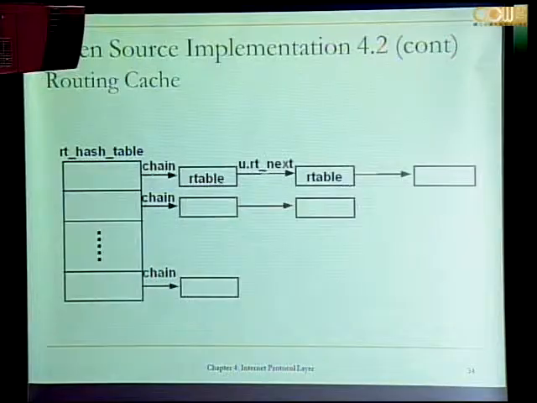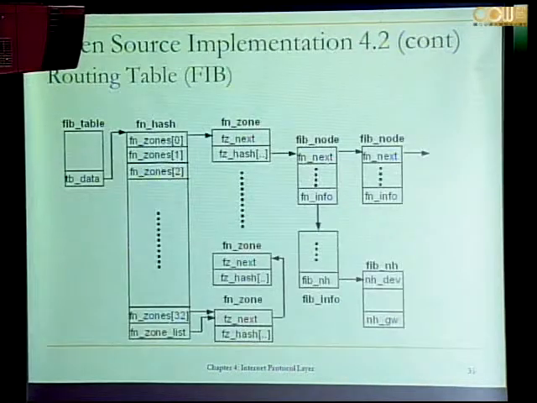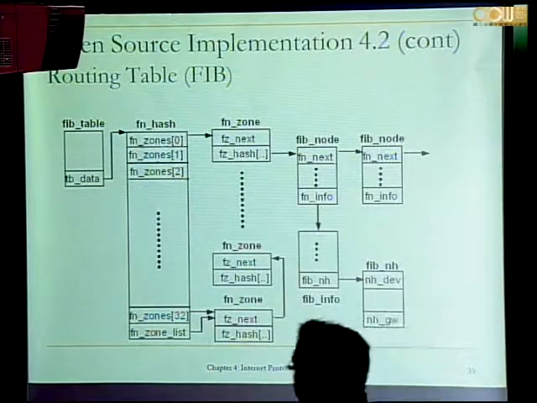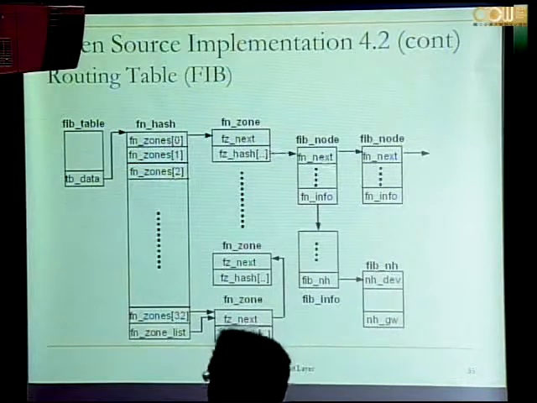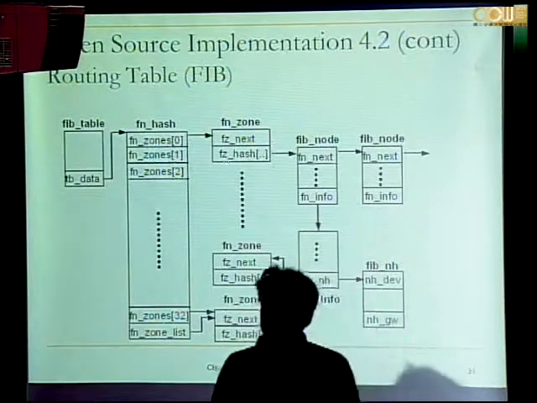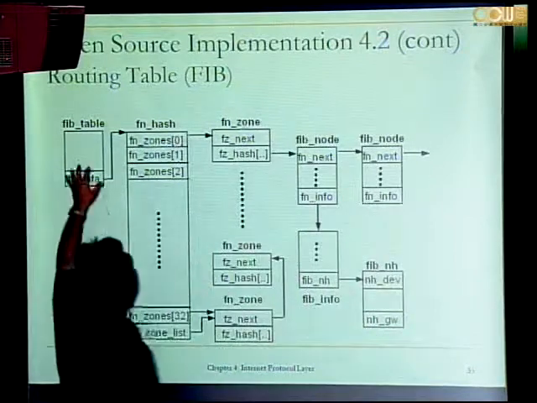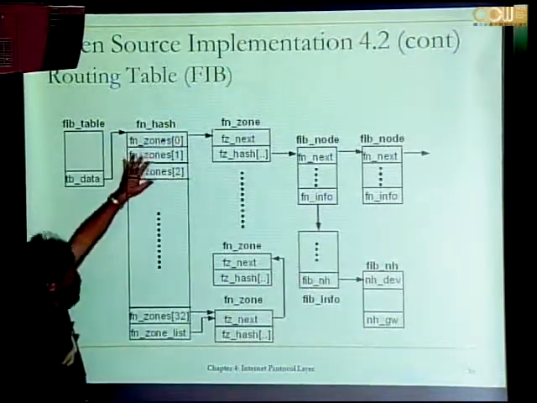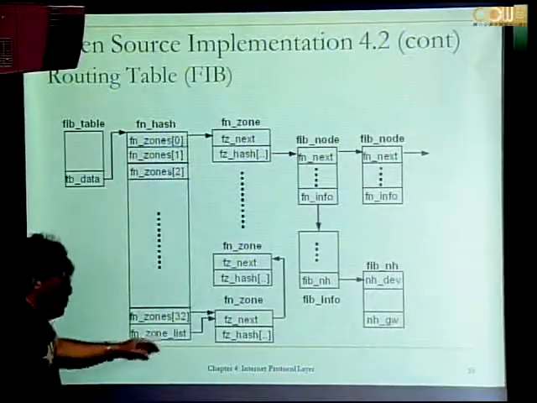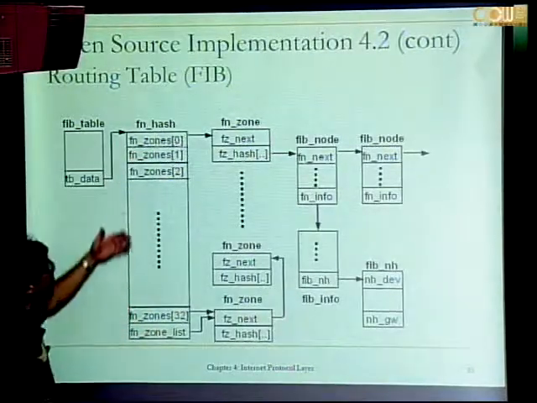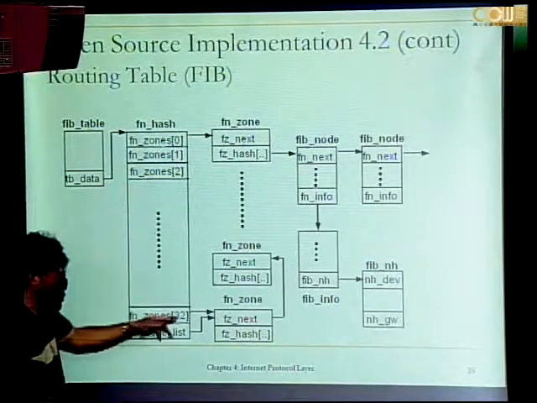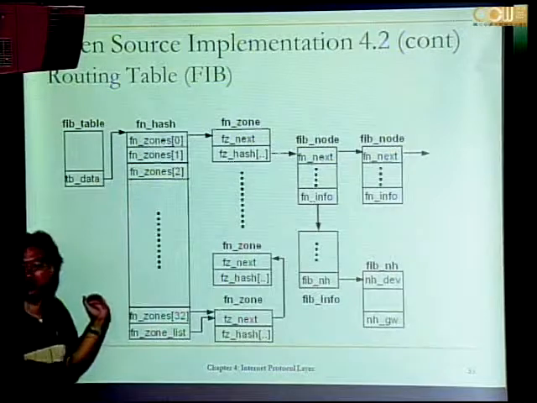And how about the large FIB table? The large FIB table is an array of hash tables. But why? Let's look at the structure first. This is the FIB table, and it points to this big hash table, and it's organized by the prefix length.